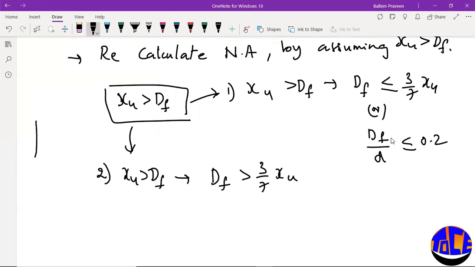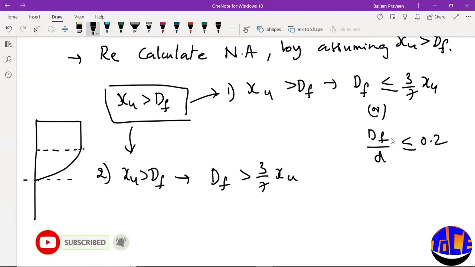If this is the stress distribution in the concrete up to the neutral axis, the rectangular portion will be there up to 3/7 of xu, and the parabolic portion will be there up to 4/7 of xu. So we are considering that this rectangular portion is within the flange or exceeding the flange depth.